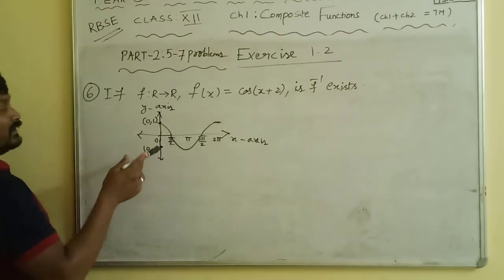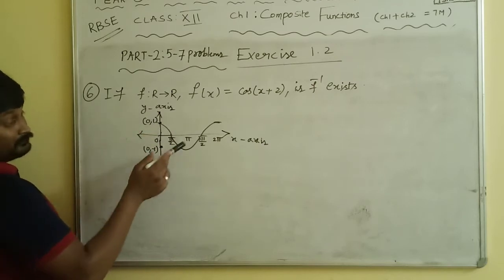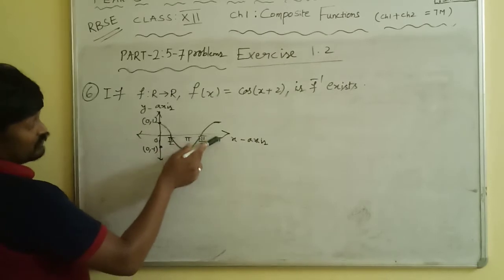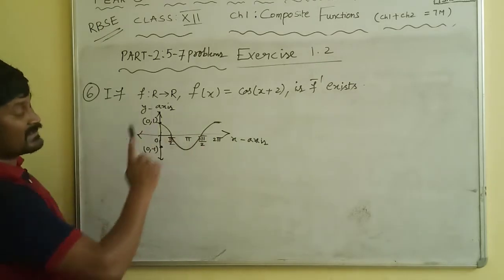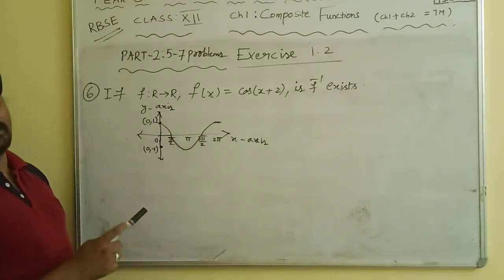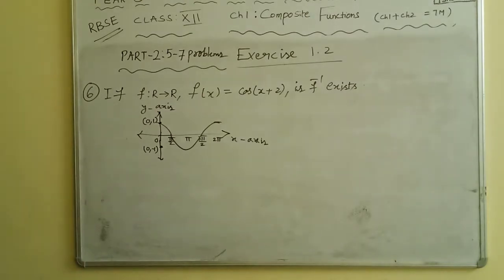Here cos 0 is 1 and cos 2 pi is 1. So two numbers having the same image means it is a many to one function, it is not a one to one function.